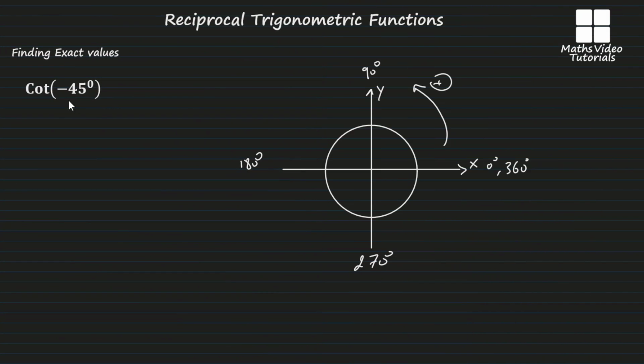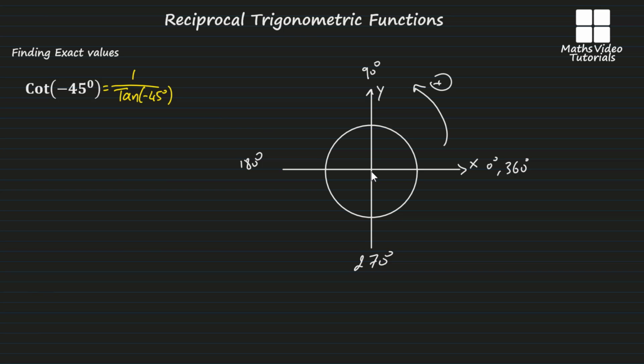For our third example, we're going to look at how to find the exact value of cot negative 45. First thing we need to do is rewrite the cot using the regular trig function, which is 1 over tan negative 45 degrees.